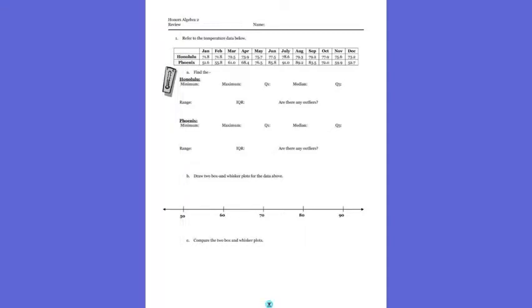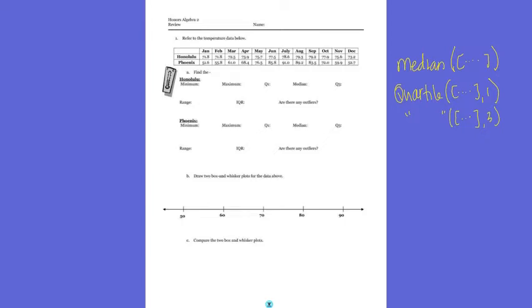The commands for Desmos, and I'll just write them over here on the side, are median, to find the median. And then you do parenthesis, bracket, type all your data in with commas. The quartiles, Q1 and Q3: after the first bracket, you do a 1 or comma 3.